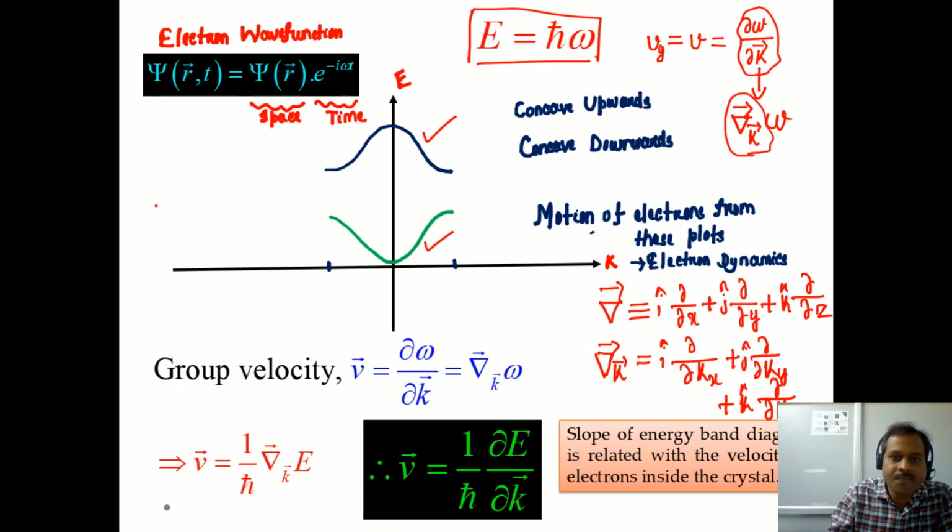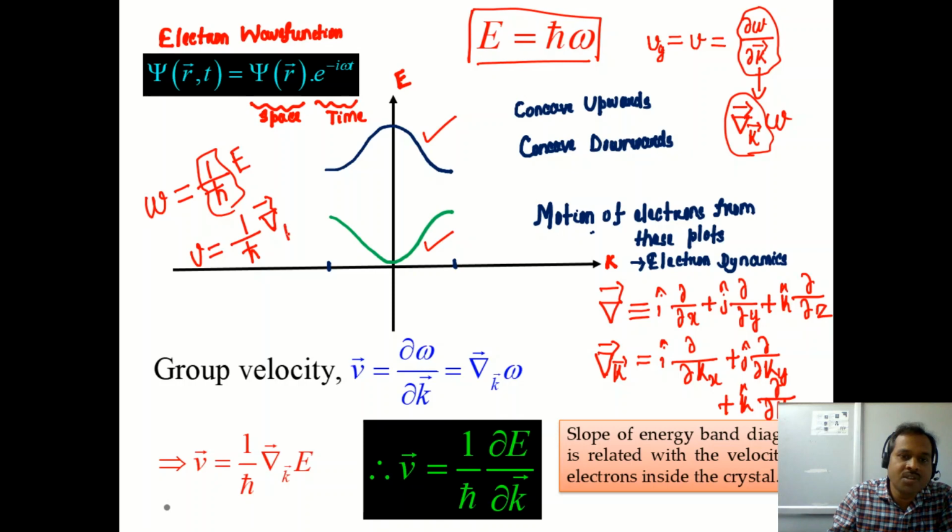Omega is basically 1 by h cross of E. This factor is a constant, so we can write this velocity v as 1 by h cross times the gradient in the k space of the energy of the electron, or we can also write it in this manner, 1 by h cross del E by del k.